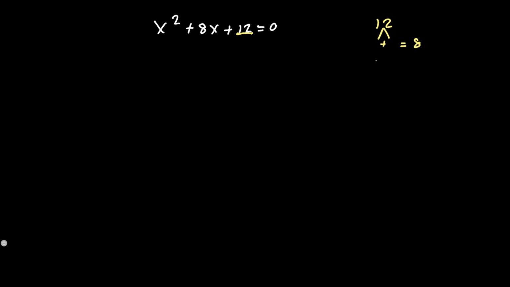And what are those two numbers? We could say 2 and 6, because 2 times 6 is equal to 12, and 2 plus 6 is equal to 8. So we could rewrite our quadratic as x plus 2 times x plus 6 is equal to 0.